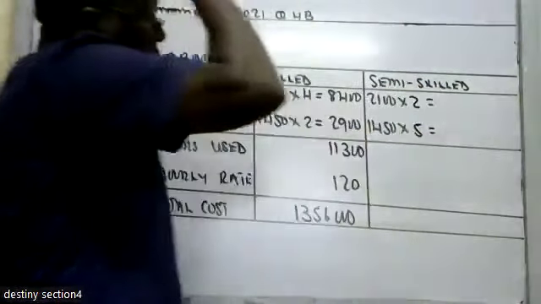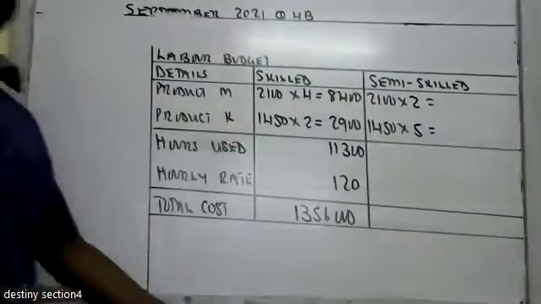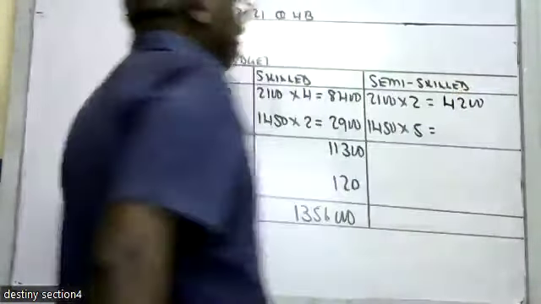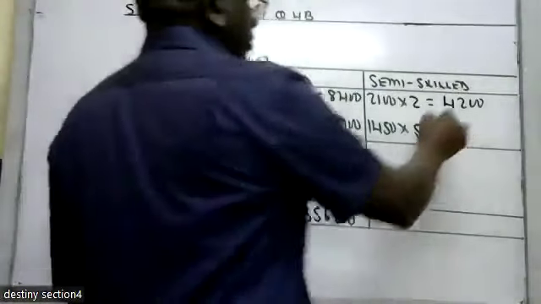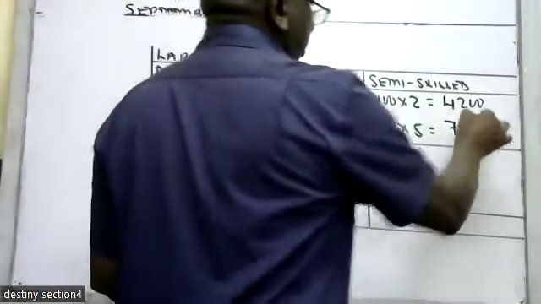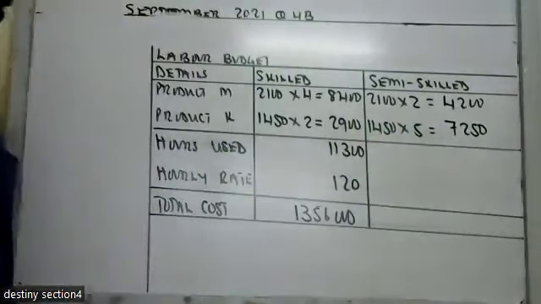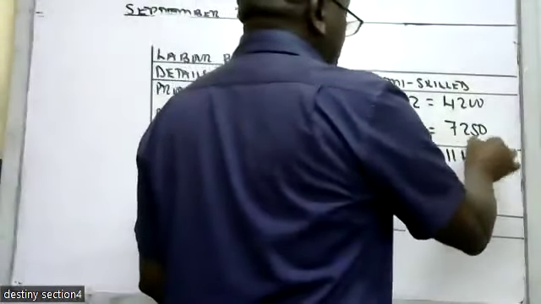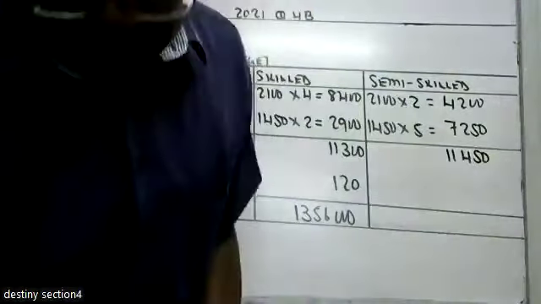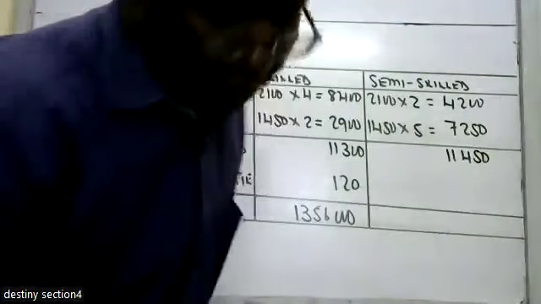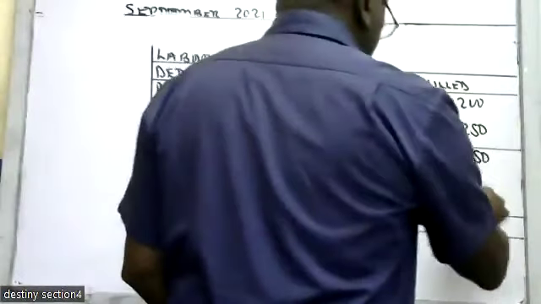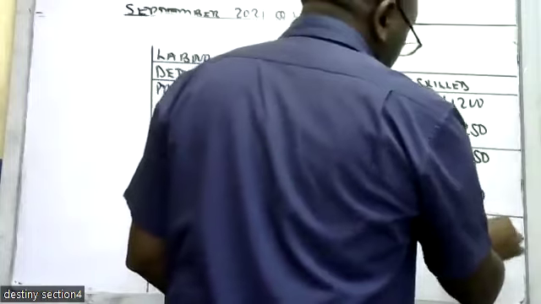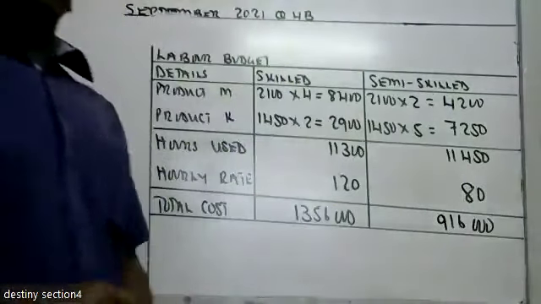So 2100 times 2 nakuja 4200. 7250. 11,450. Alafu sasa leba ni 80. 916,000.